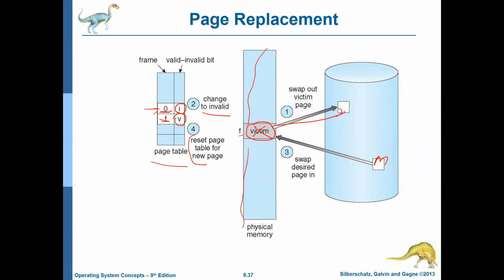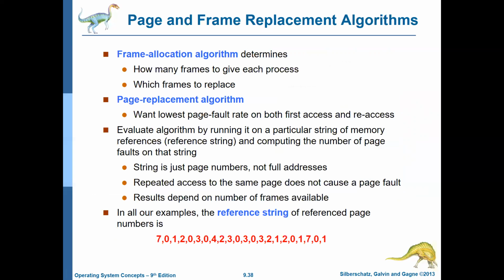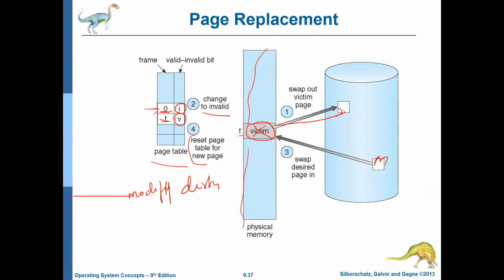Now we can improve the situation by adding something known as a modify bit or a dirty bit. What is the purpose of that bit?